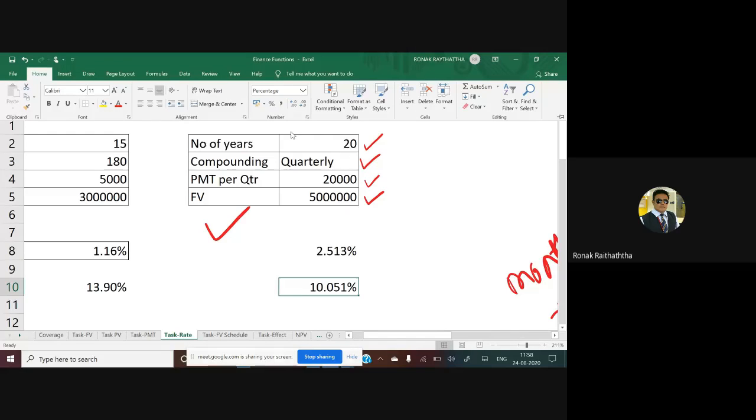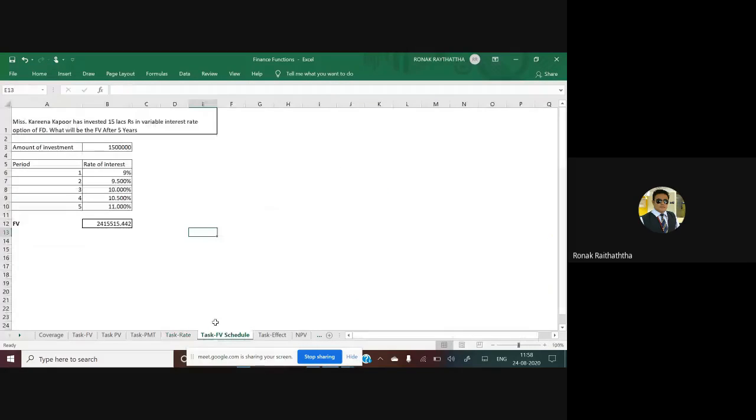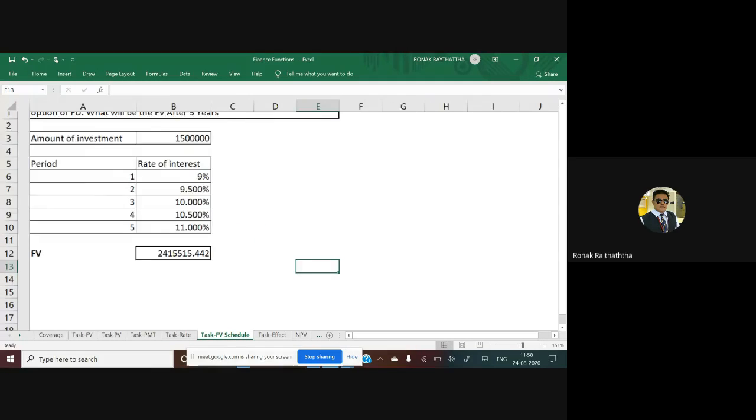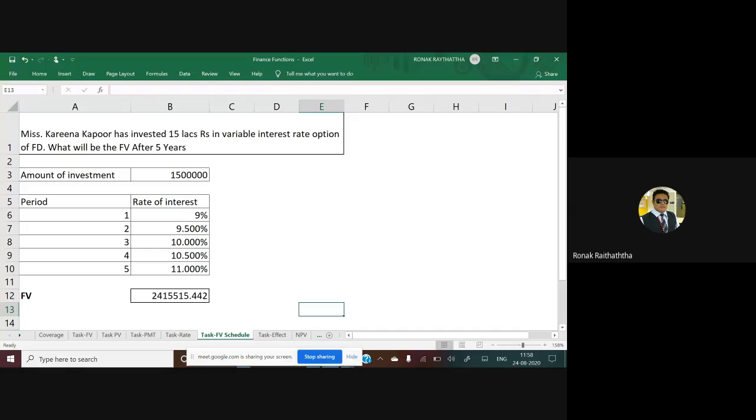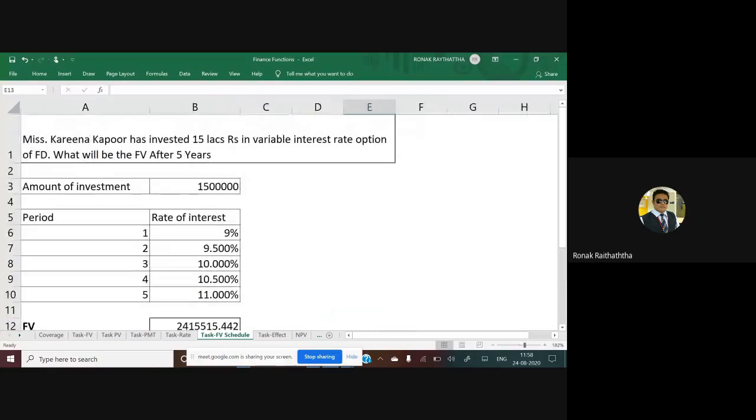Okay, let me move to the next one. Let me zoom it up further. Is everyone able to see that? Yes, sir. Good. So Miss Bebo has invested 15 lakhs rupees in a variable rate option of FD. Now there are various fixed deposits which give you an option to get a variable rate of return.